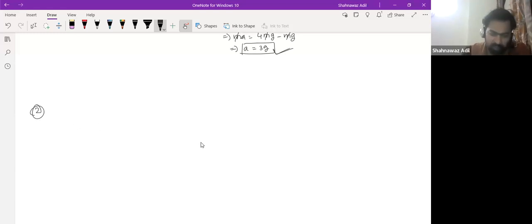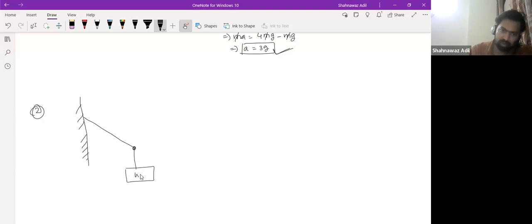So the question was: you have a rigid wall here, and then you have this angle, and then you have some weight W1 downwards, and then you have a pulley, and again the rigid wall, and this is downwards W2.